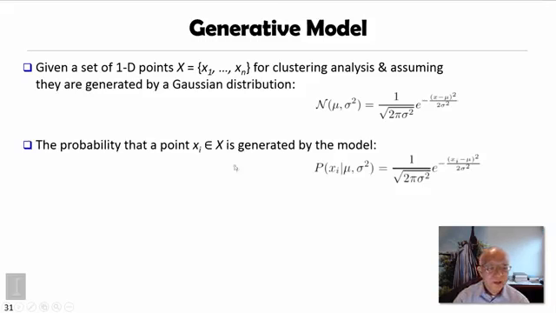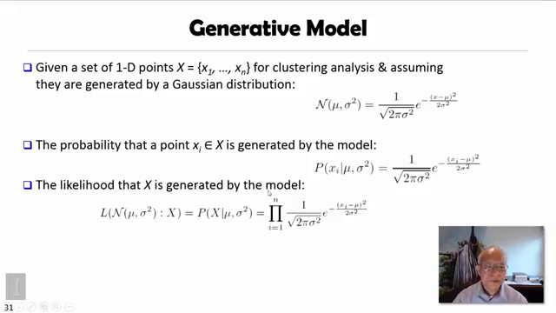Then the probability that a single point x sub i, which is one point in the set x, is generated by the model is essentially the probability of generating x sub i under the condition of mu and sigma, based on this formula. Then for the likelihood, the whole set of x generated is the likelihood for the normal distribution to generate this set of x points.